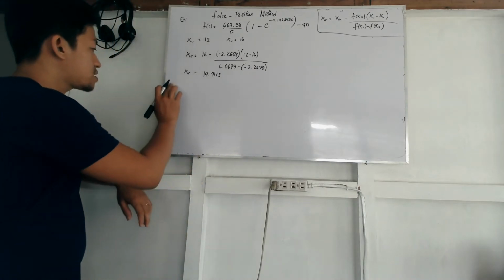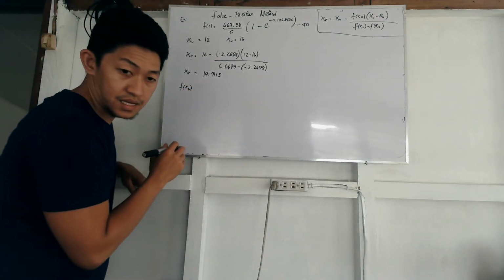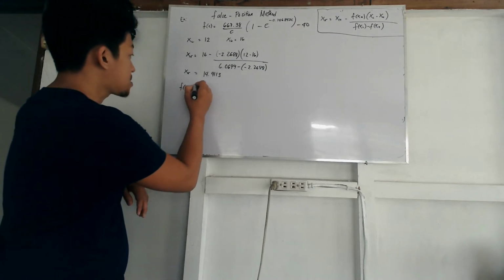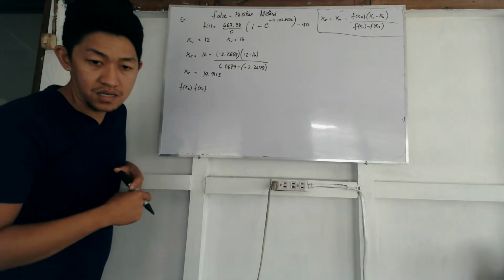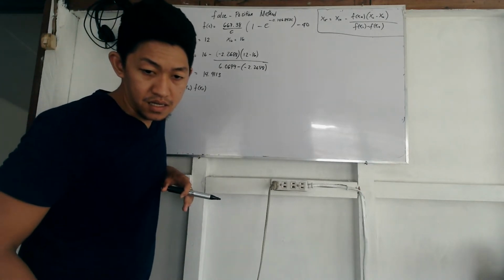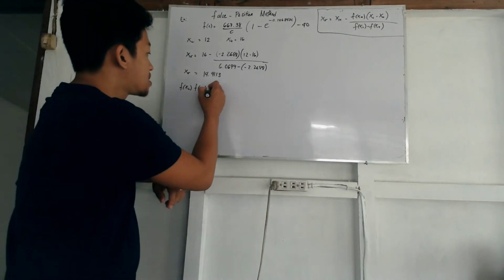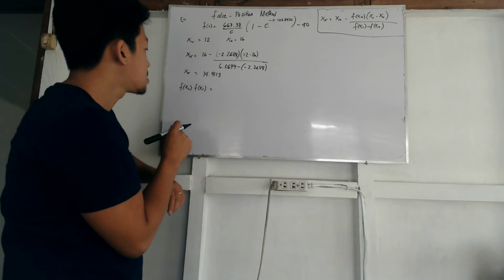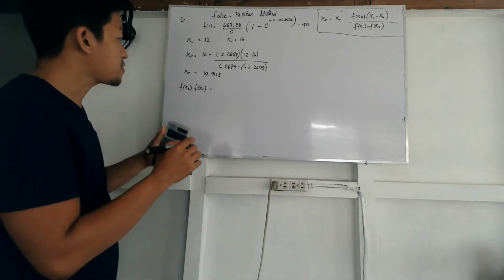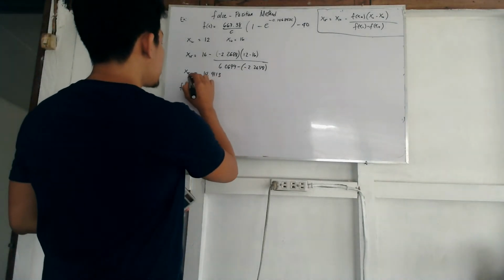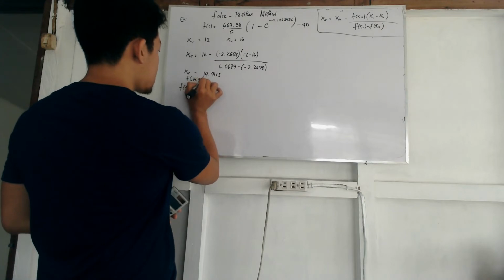But again, we will check if f of XL times f of XR, so f of 14.9113.